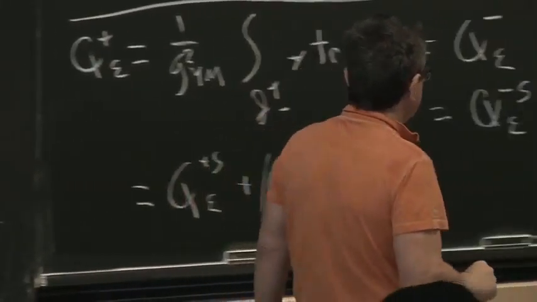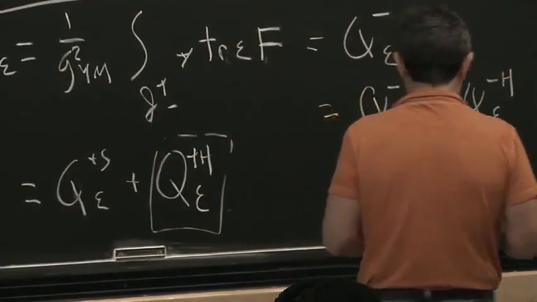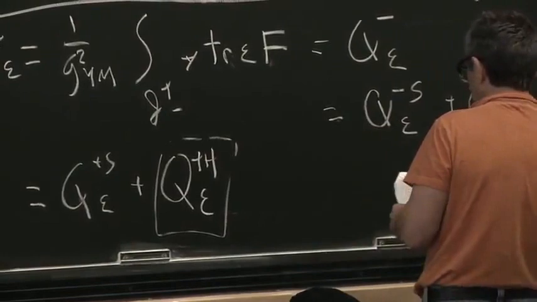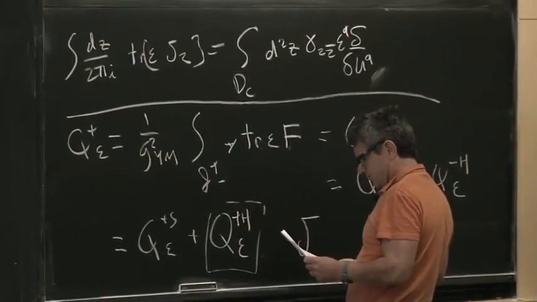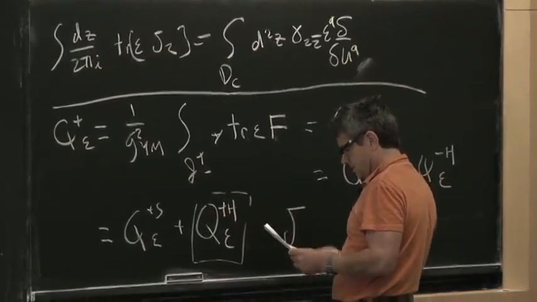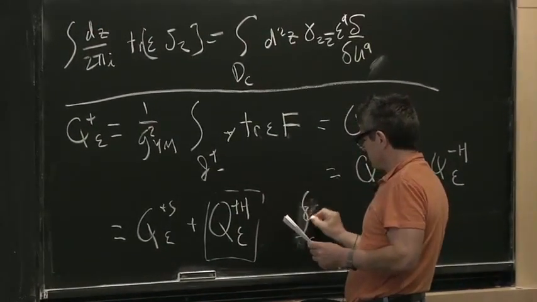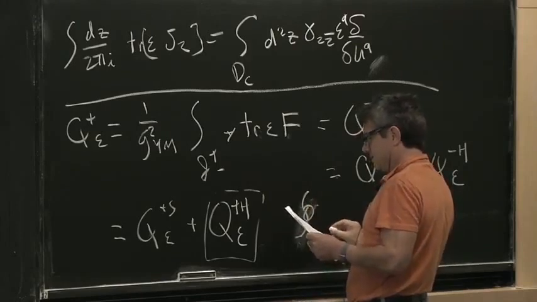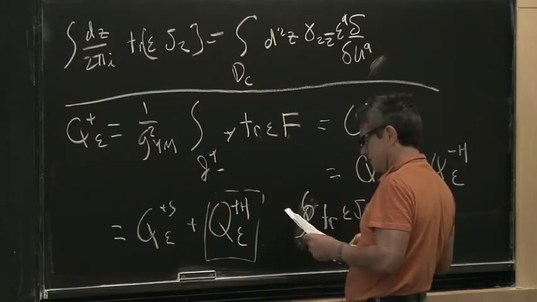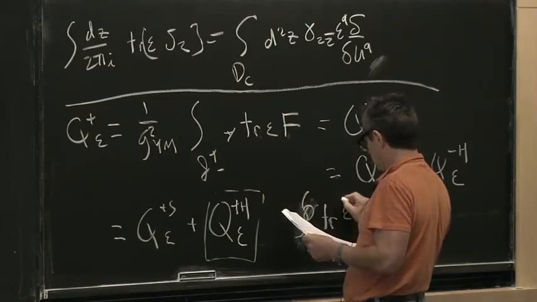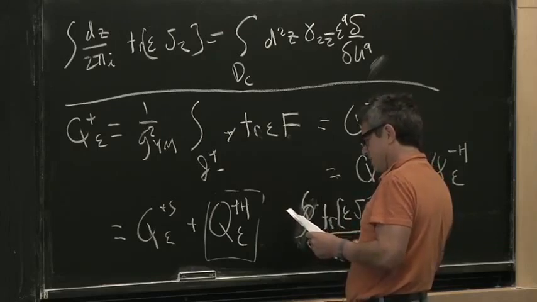So now I'm going to give you 2 minutes to think about this. I want you to write a formula for the integral over the contour C of trace epsilon JZ over 2 pi i.